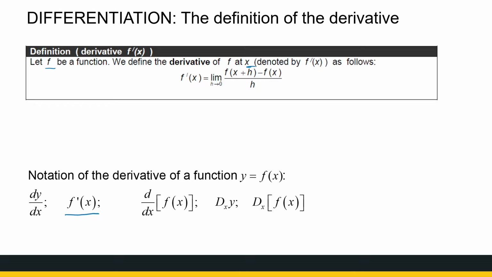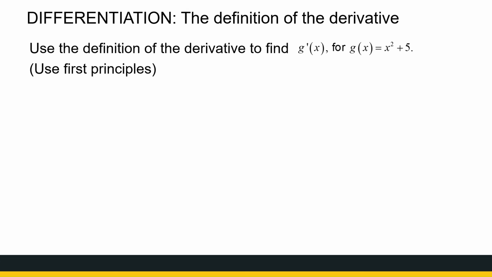So let's now look at how to use this definition to get some derivatives. Some people call it using first principles. We're using the definition to get the derivative. So we've got our function g of x given here as x squared plus 5.